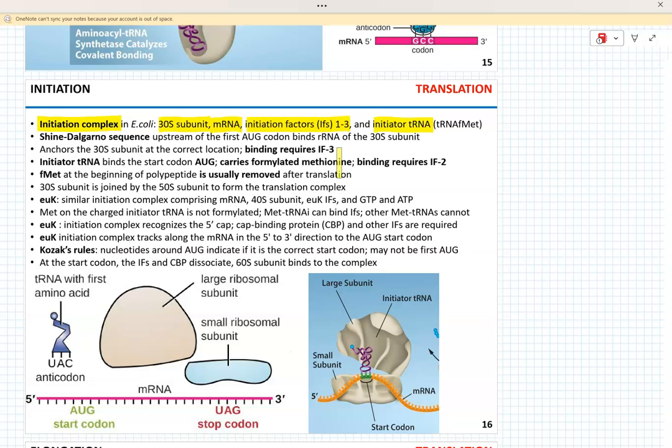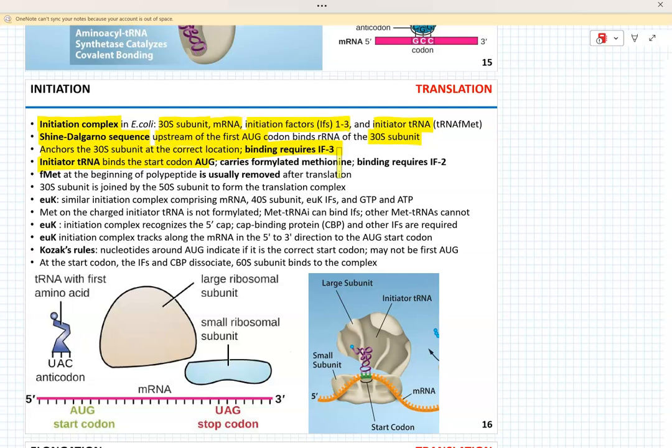In order for the 30S subunit to bind to mRNA, it recognizes the so-called Shine-Dalgarno sequence that is located upstream of the first AUG codon. You may remember that AUG is a start codon and also encodes methionine. The 30S subunit gets anchored at the proper location, and this binding of the 30S subunit requires initiation factors. Then initiator tRNA binds the start AUG codon.